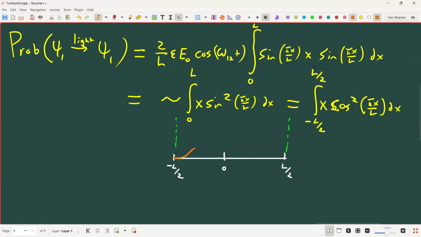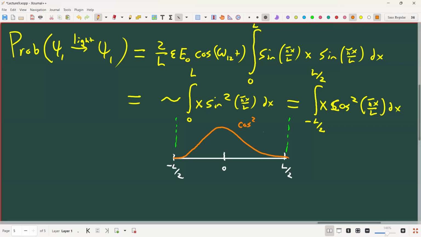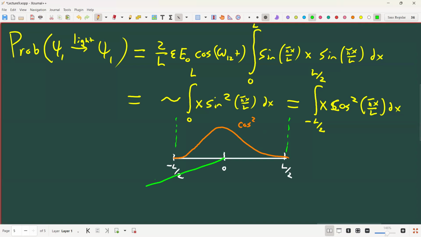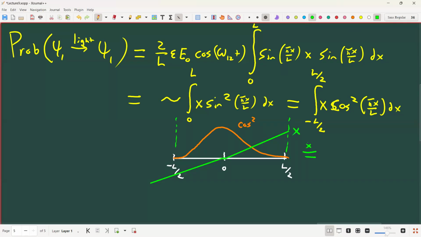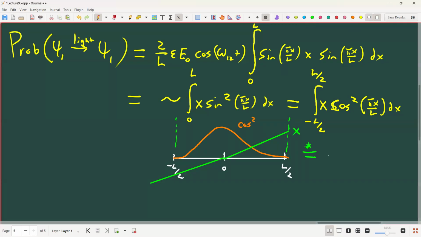Right, so this is cosine squared, symmetric. And then we're multiplying it by an odd function, x. Right, so the multiplication of these gives me a graph that's anti-symmetric about x equals 0.